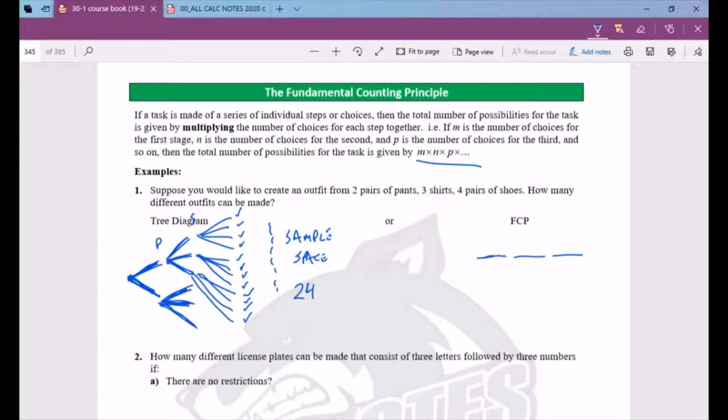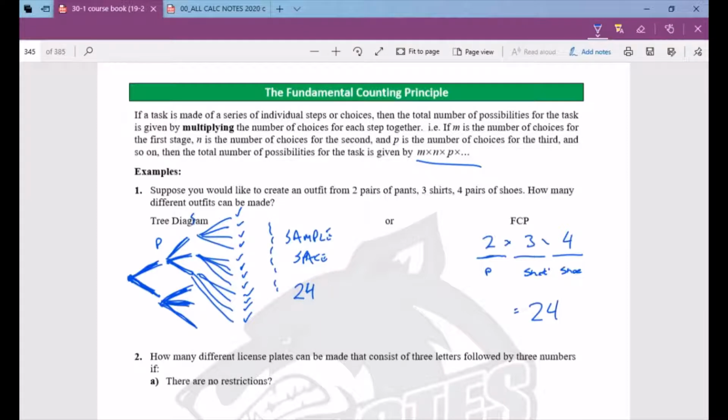In each of these blanks, this is going to represent your pants, this is going to represent your number of choices for shirts, and your number of choices for shoes. Okay, so all that we end up with is 2 pairs of pants, 3 choices for shirts, and 4 choices for shoes. If I multiply all those together, I get 24.